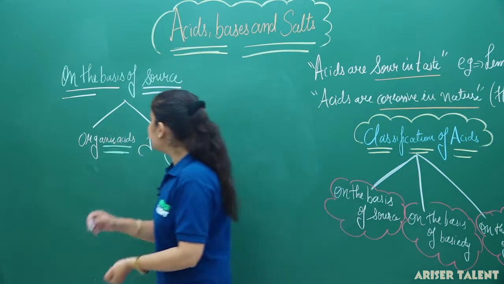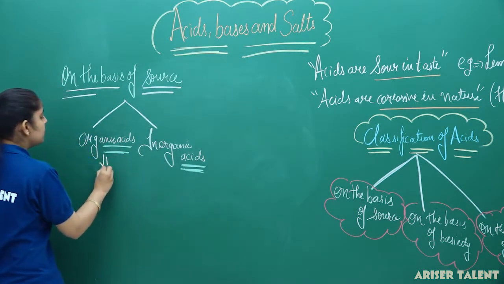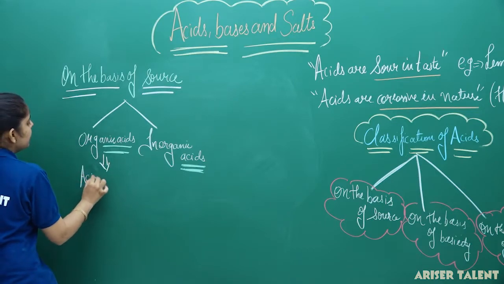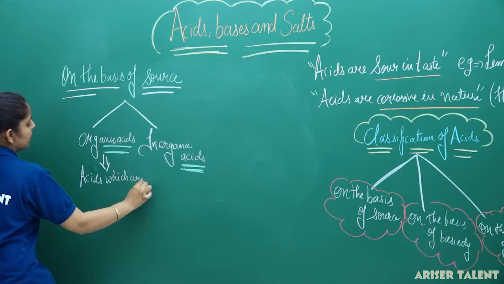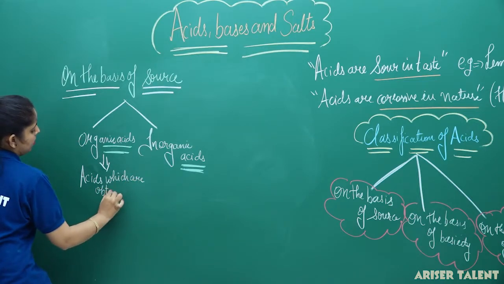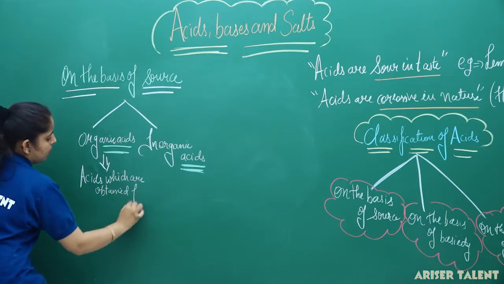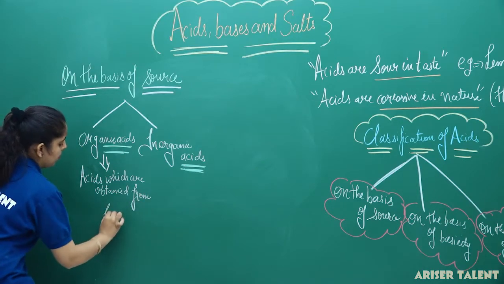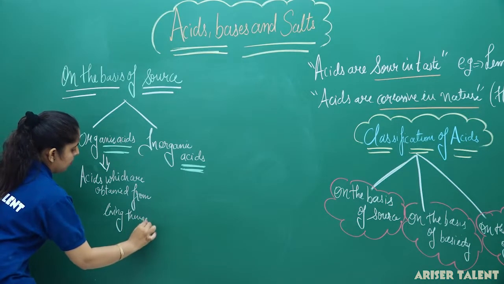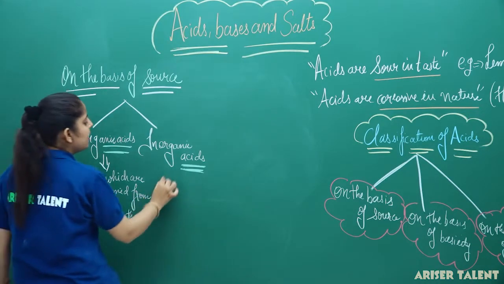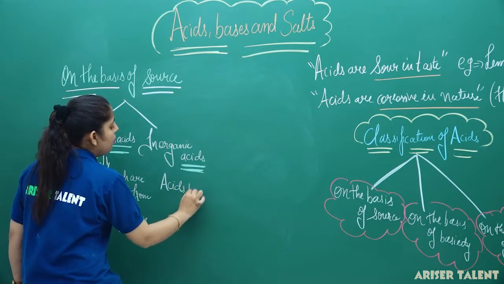Clear? So the definition for organic acids: those acids which are obtained from living things. Clear? And these are the acids which are obtained from minerals.